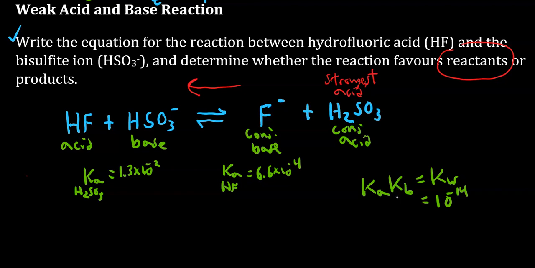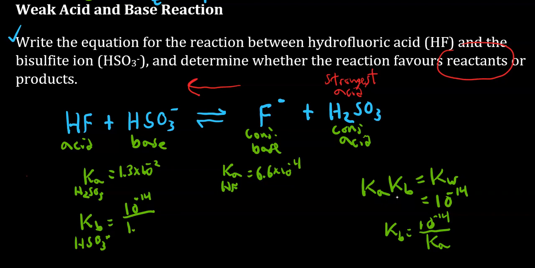So Kb of the conjugate base HSO3 minus, we solve for Kb. Kb equals 10 to the negative 14 divided by Ka. So Kb for HSO3 minus is 10 to the negative 14 divided by 1.3 times 10 to the negative 2.